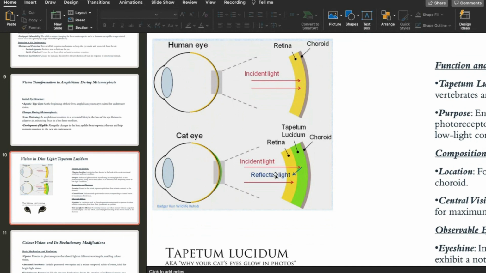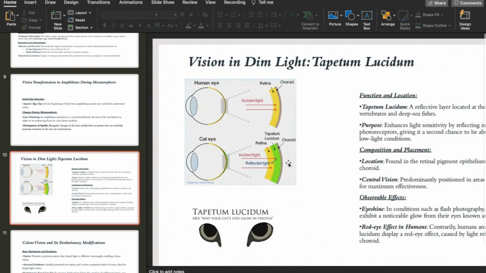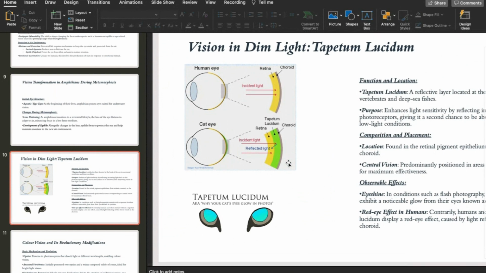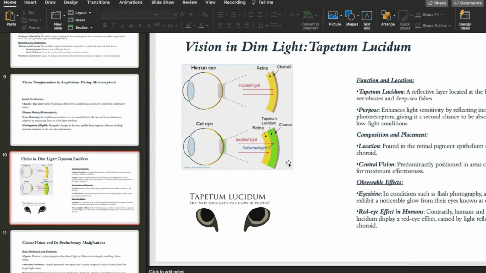So imagine you have one ray of light that hits the retina, then it hits the tapetum lucidum, then it goes back into the retina. Light is now going into the retina twice, which allows these nocturnal animals to see in the dark, because they had very little light available, but they were able to magnify that light. I hope that makes sense.